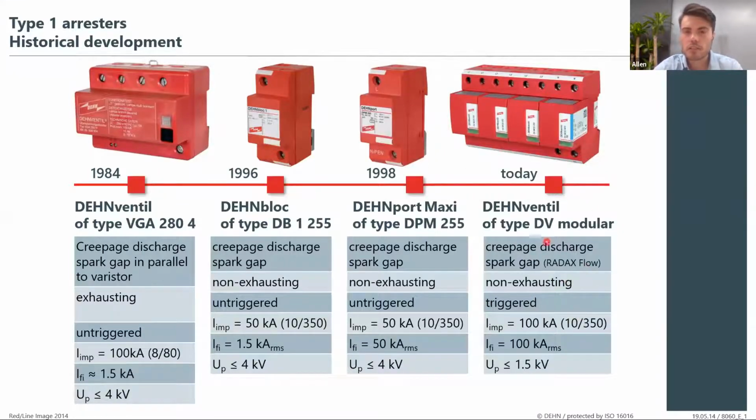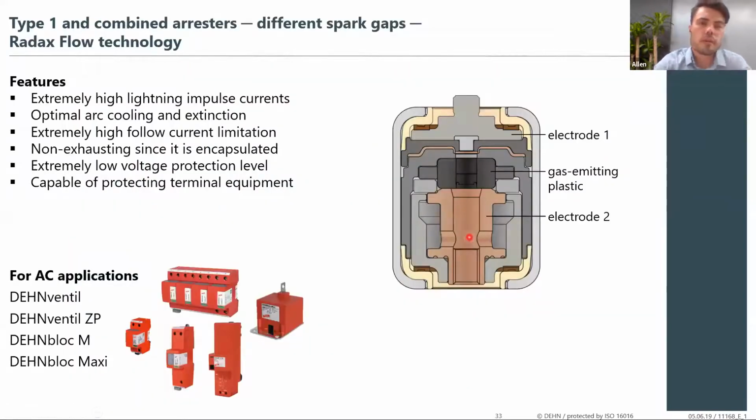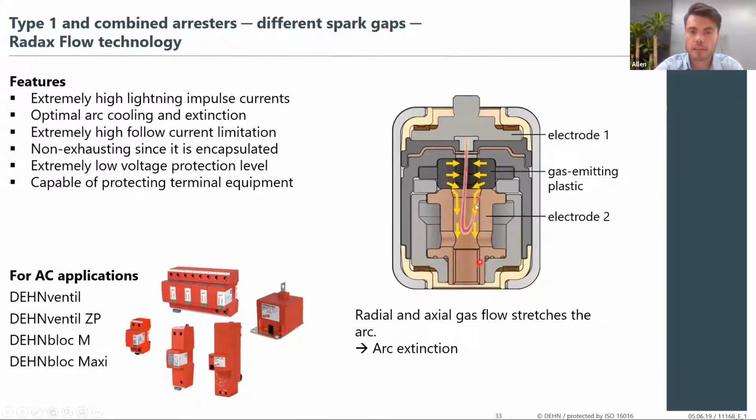And also with this, you can see that a new spark gap technology has emerged, which is called Radax Flow. So basically what the Radax Flow does is it is an encapsulated spark gap. When a lightning current enters the spark gap, it passes through a gas emitting plastic. This gas emitting plastic releases a gas, which then extends the arc created by the lightning current radially and axially to extinguish the arc.